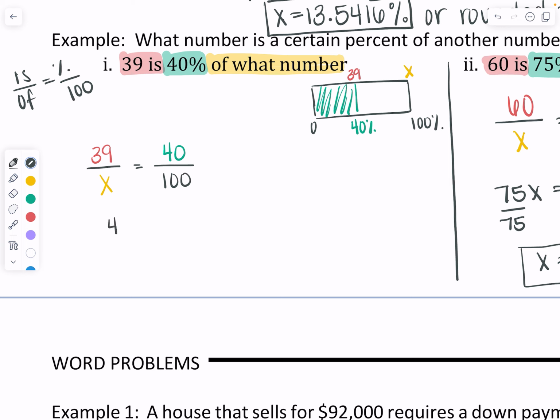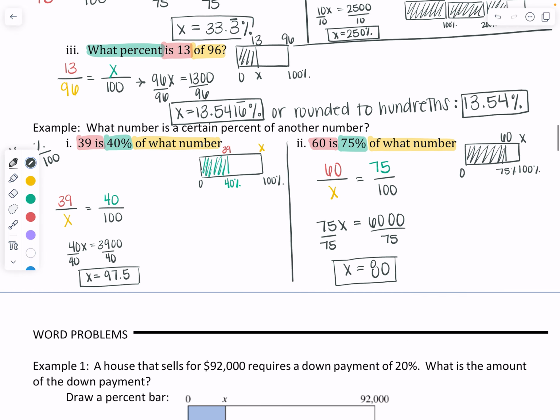Cross multiply, and divide, and I get a final answer of X equals 97.5. Not percent, just a normal number. And so what that says is 39 is 40% of 97.5, or 97 and 5/10.